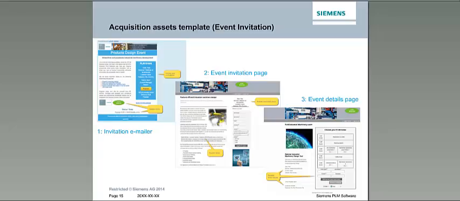So that means you see something about the PLM event. The information about the PLM event is specific to your event, and it's the same with the logo, contact details and all this kind of thing. So there are all different elements on these pages and mailers that show your identity and your information in there.